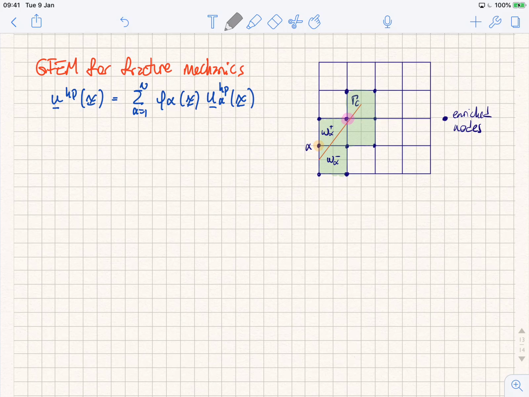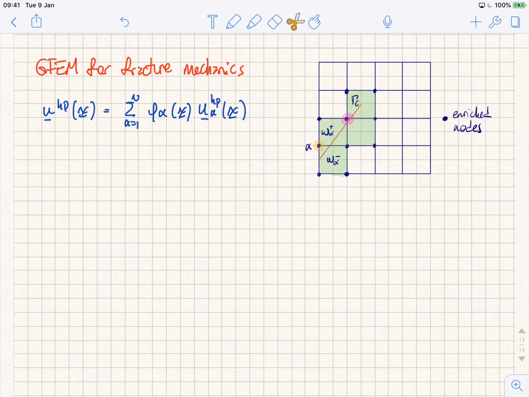So this will be the local approximation defined on cloud W alpha.